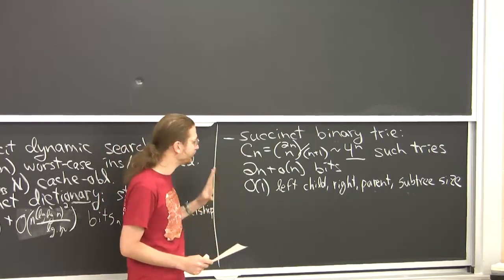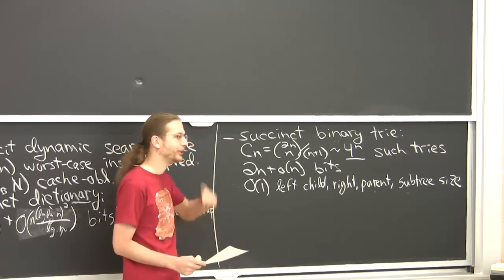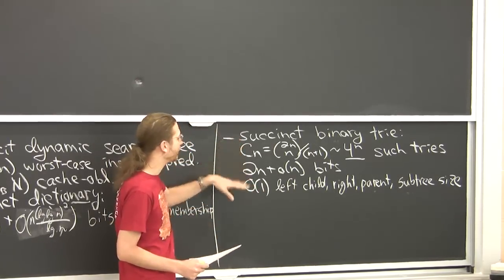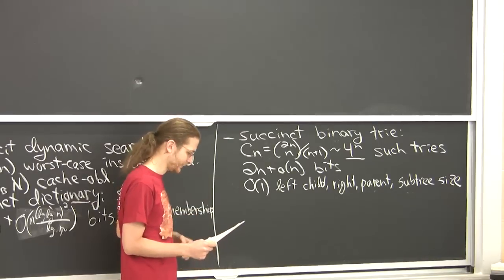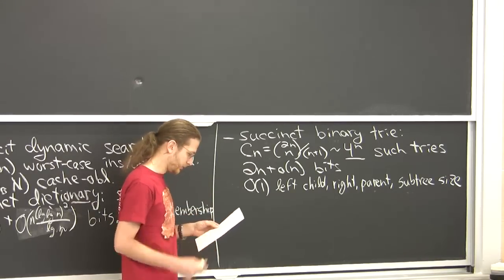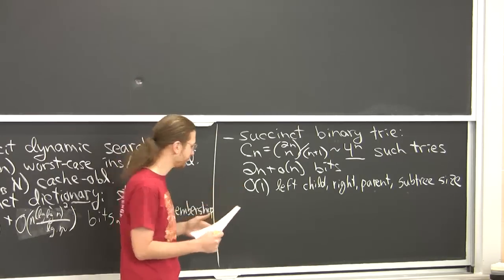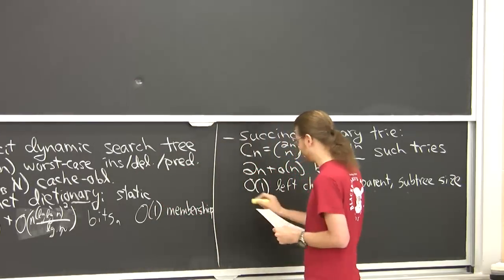Things are a lot easier now. Space is cheaper, but still there's always going to be some giant thing that you need to store, and if you want to store a data structure, you really can't afford much space. Cool. So that's static. There is a dynamic version. That's a more recent result from just a few years ago.